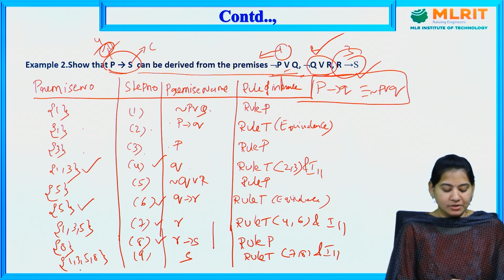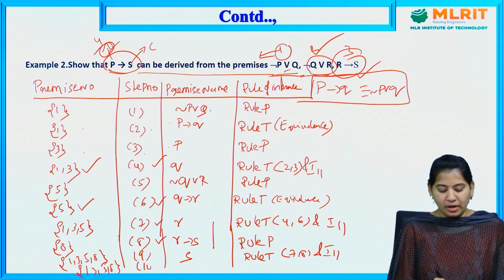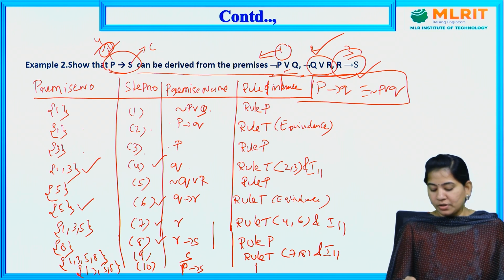So now last you have to write as usual according to our steps. The last one you have to include is P implies S, which is called rule CP.